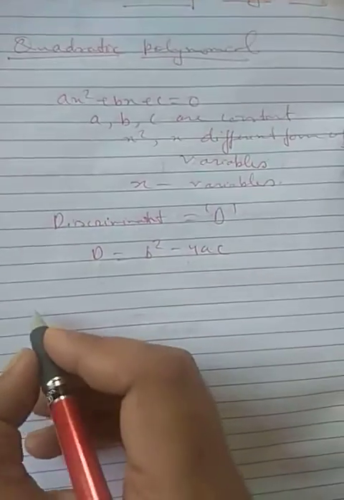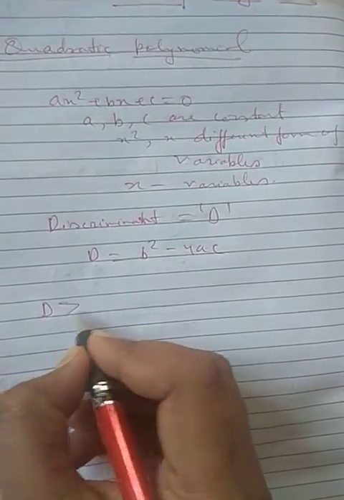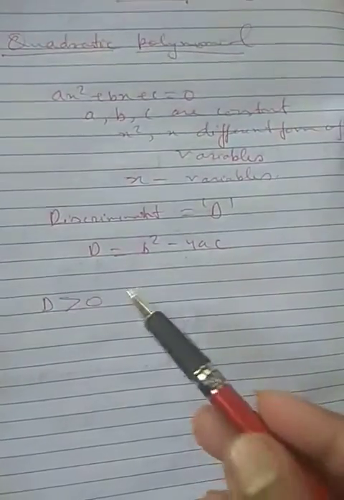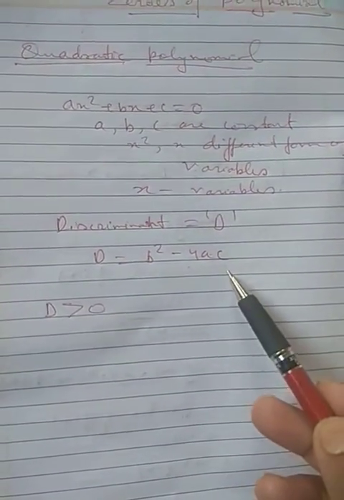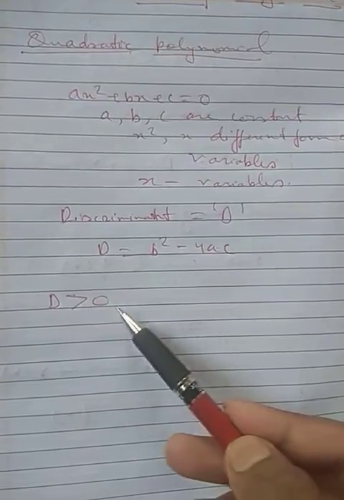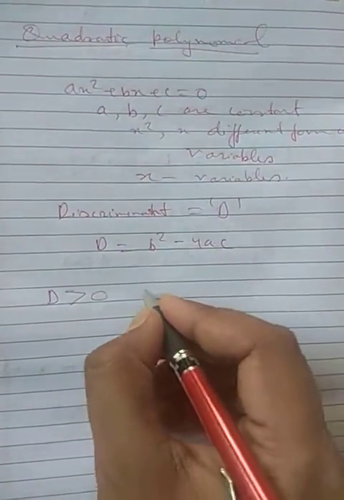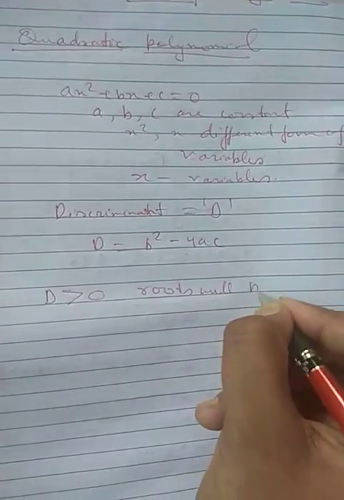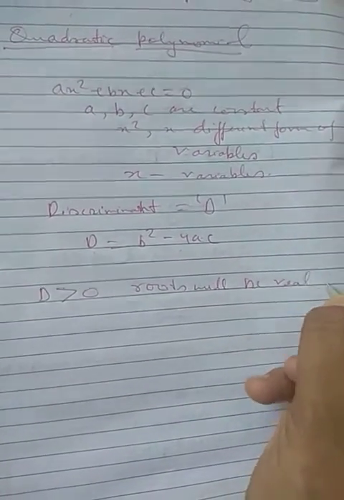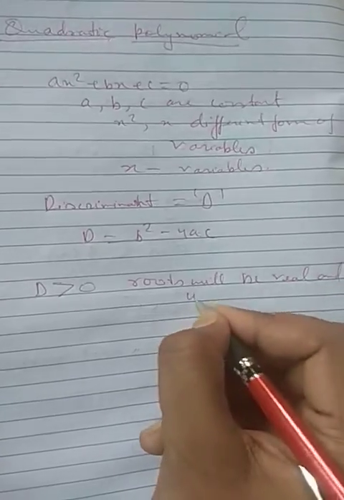Now some properties are there. If D is greater than 0, that means if by solving this b square minus 4ac you find that D is greater than 0, it means that the roots will be real and unequal.